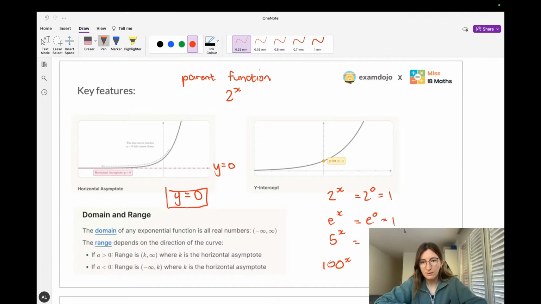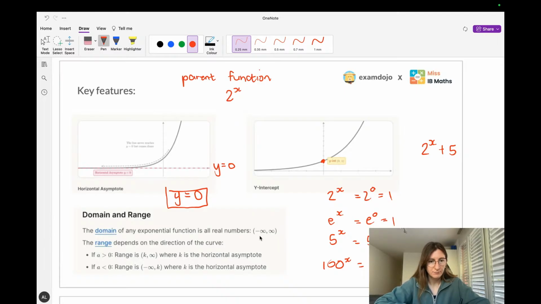So all of our exponential functions, parent functions, before any transformations, no matter what they are, they're all going to go through the point y equals 1. Then, of course, we can sometimes have the transformation where we have 2 to the power of x plus 5. And then you know that it's just going to be 2 to the power of 0, which is 1, and then lifted up 5. So it will go through 6.